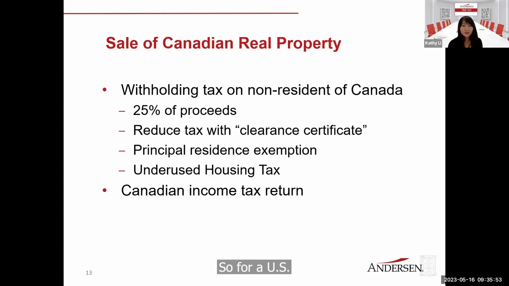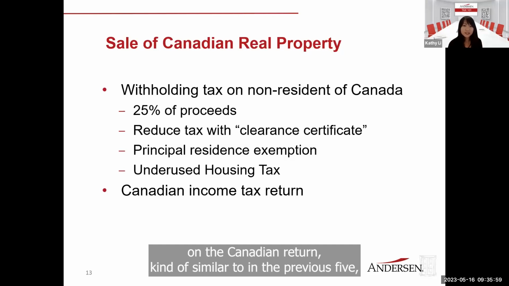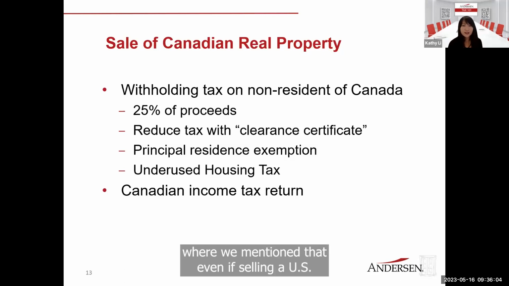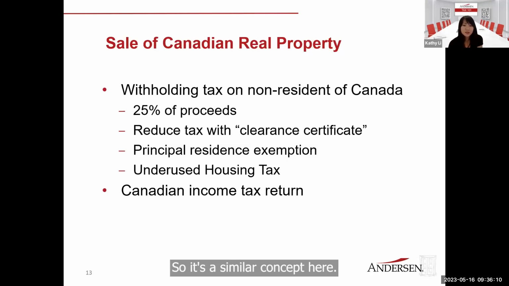So, for a U.S. person, the sale of Canadian real property is actually still reportable on the Canadian tax return, similar to the previous slide where we mentioned that even if selling U.S. real property and you're a Canadian person, it still needs to be reported. So it's a similar concept here.